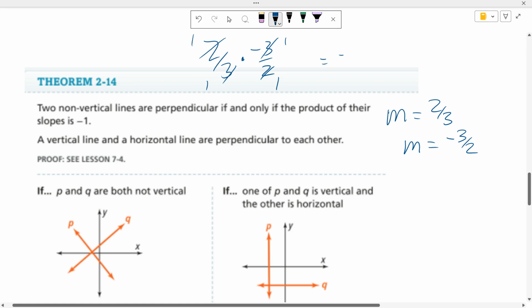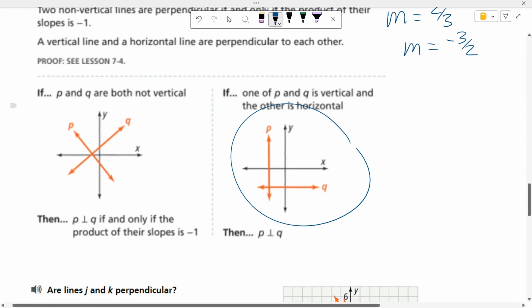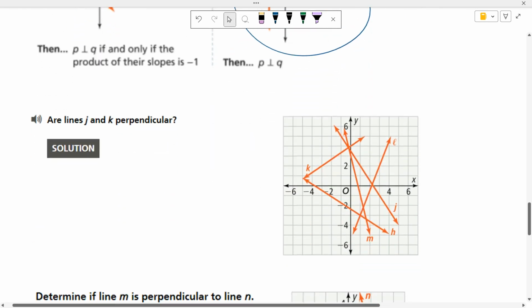You get -1/1, which is -1. Or if you multiply them right away, you get -6/6, which is -1. So they are opposite reciprocals. And a horizontal and vertical line are perpendicular.